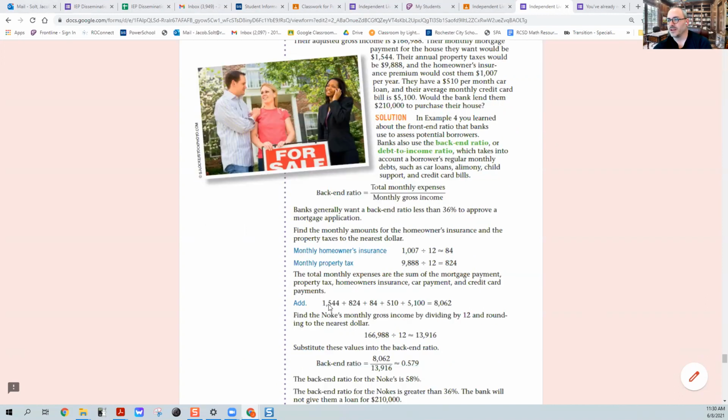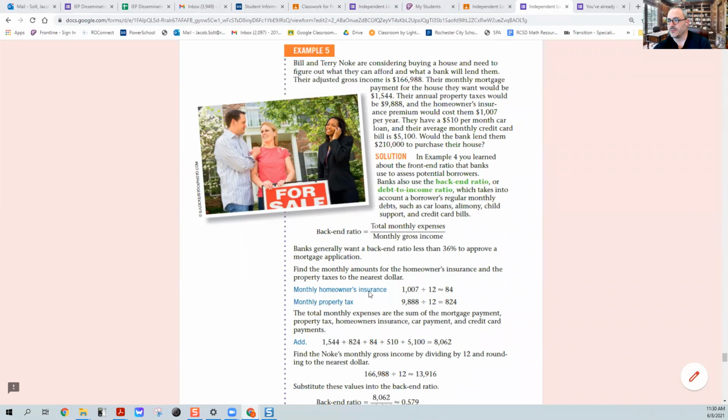So we're going to take their mortgage payment. Right here it says their monthly mortgage payment for the house they want would be $1,544. To that, we're going to add their monthly tax bill, $824. And to that, we're going to add $84 for their homeowner's insurance.